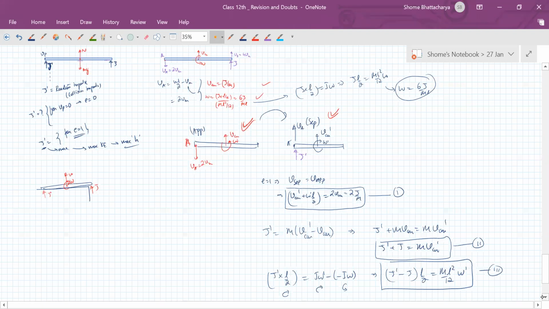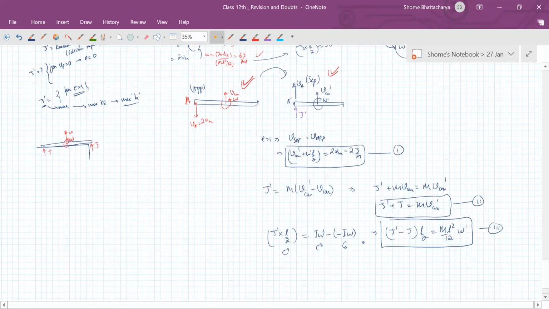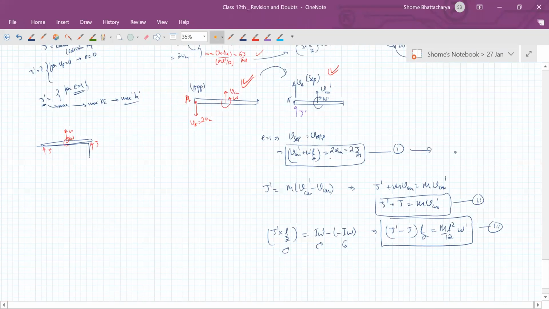So now you have to solve this system of three equations for this constraint relation, that VCM prime plus omega prime L by 2 should be equal to 2J by M. So to solve for this constraint relation, from that you will get your VCM prime.